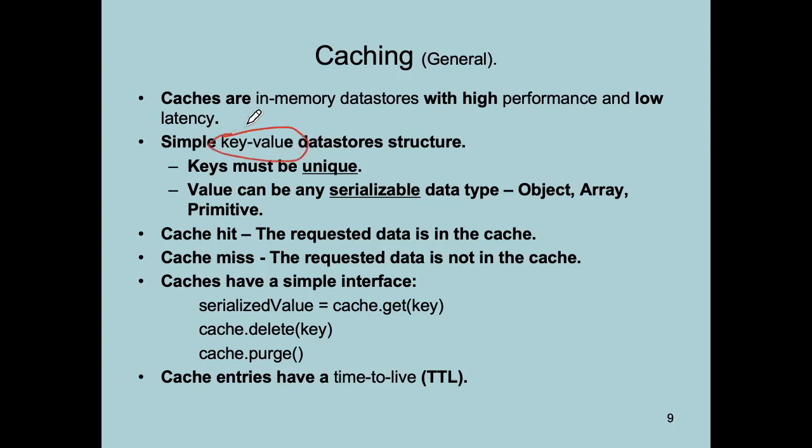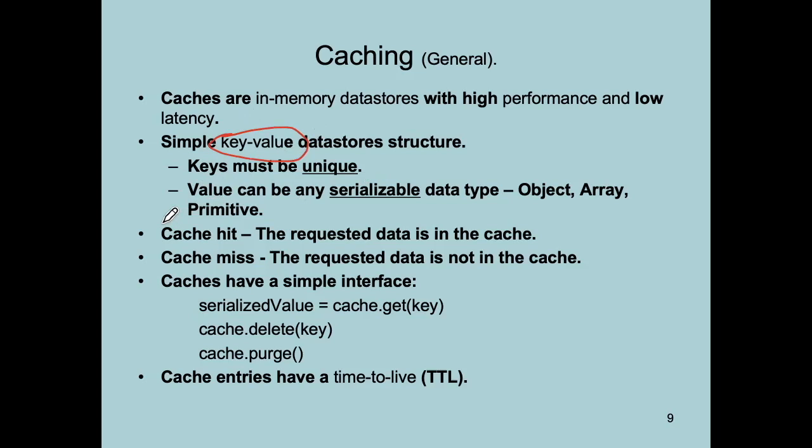So it's a bit like a map structure, if you like, but a little bit more sophisticated than that. The keys have to be unique. The values can be anything you want them to be in general, as long as it's serializable. So the value could be a primitive, an array, an object, an array of objects, etc. Anything that's serializable can be a value associated with one key.